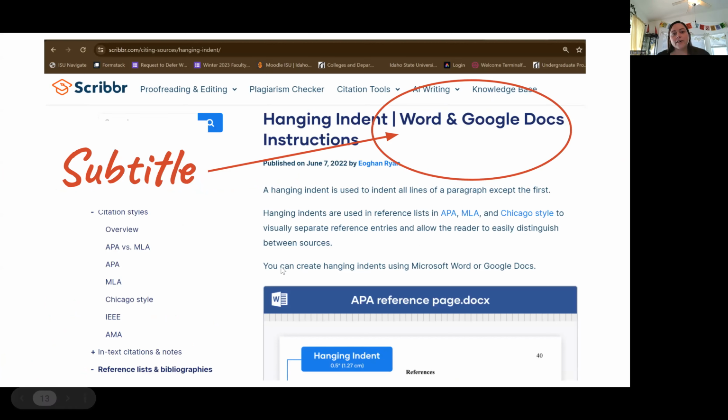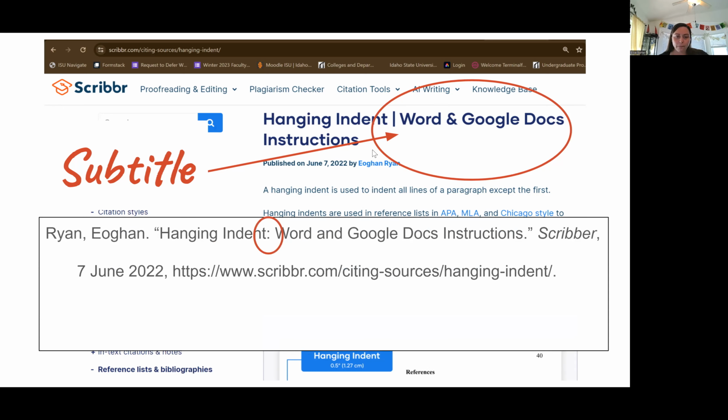Let's say that the article you're citing has a weird line in between, or maybe a colon. That means that the part before it is the title, and whatever follows is the subtitle. So when we set this up, we actually changed this character from a line into a colon.